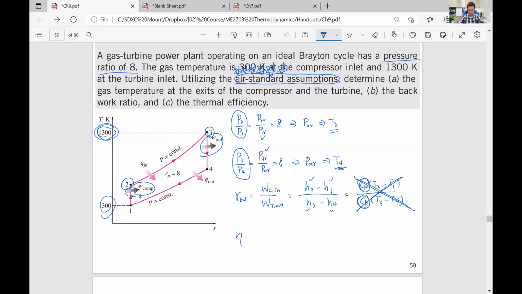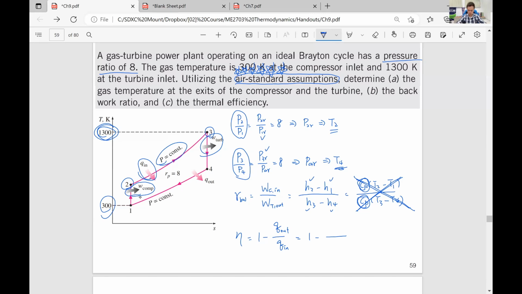And thermal efficiency, just from the definition, is the net work output over the heat addition, which is 1 minus Q out over Q in. Q in is between processes 2 to 3, and 2 to 3 is a constant pressure process.